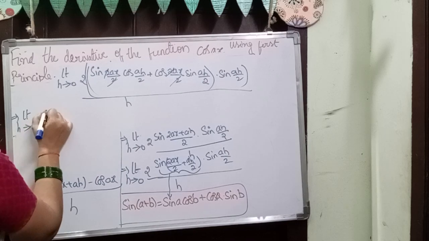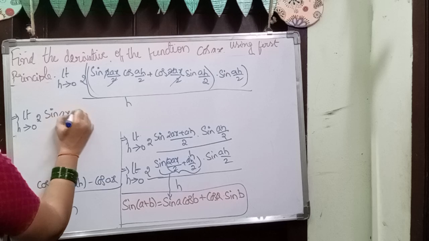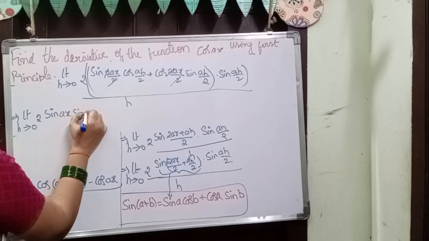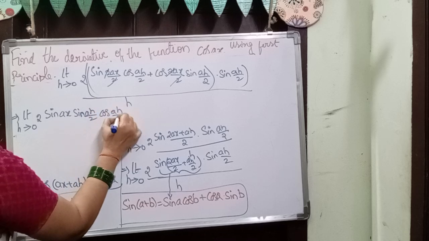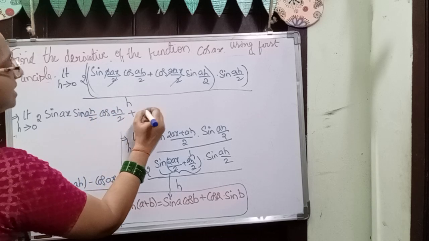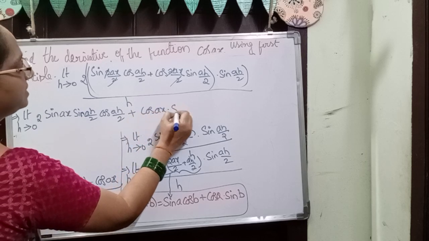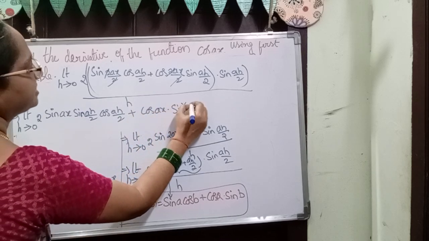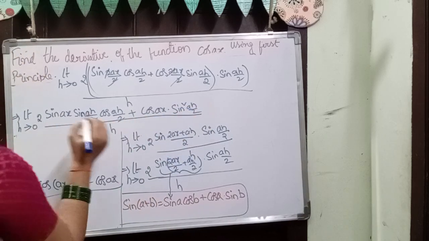That is 2 into sin ax sin ah by 2 cos ah by 2 plus cos ax into sin square ah by 2, whole by h.